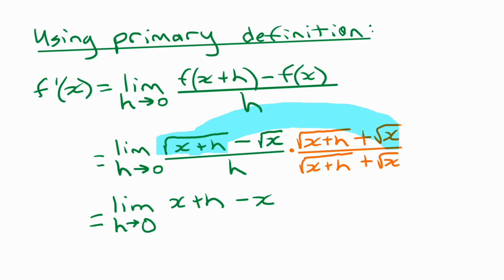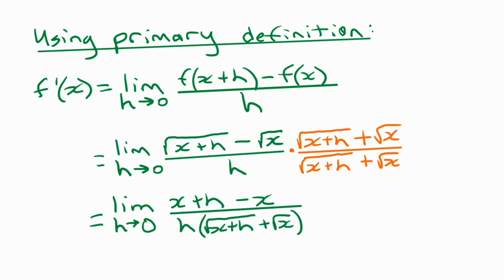That times that is plus root x times x plus h, and this is going to be minus root x times x plus h. So those two terms cancel out and you just have that on the top. And on the bottom, I'm not going to multiply it out. I'm just going to leave it as h times root x plus h plus root x.